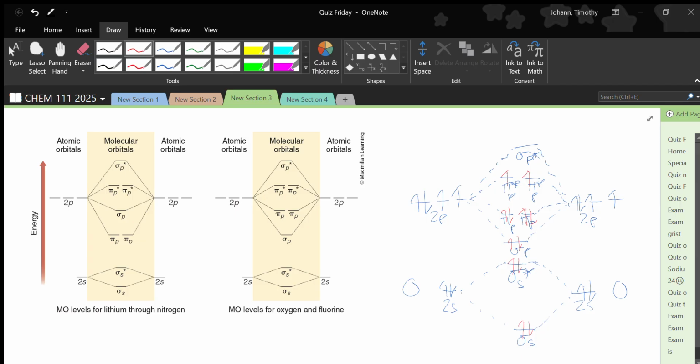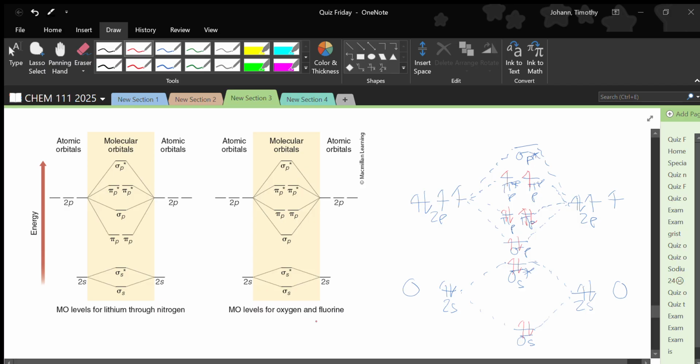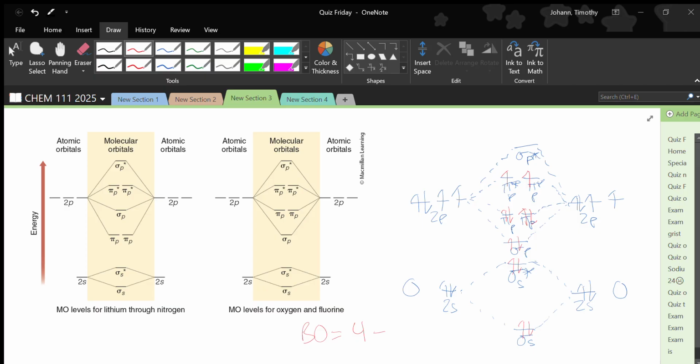One more comment I want to make here. Let's do bond order. How many bonding orbitals do I fill? 1, 2, 3, 4, right? Bond order equals 4 bonding minus how many anti-bonding? I've got 1 anti-bonding, and then 2 anti-bonding, because 2 electrons across the 2.